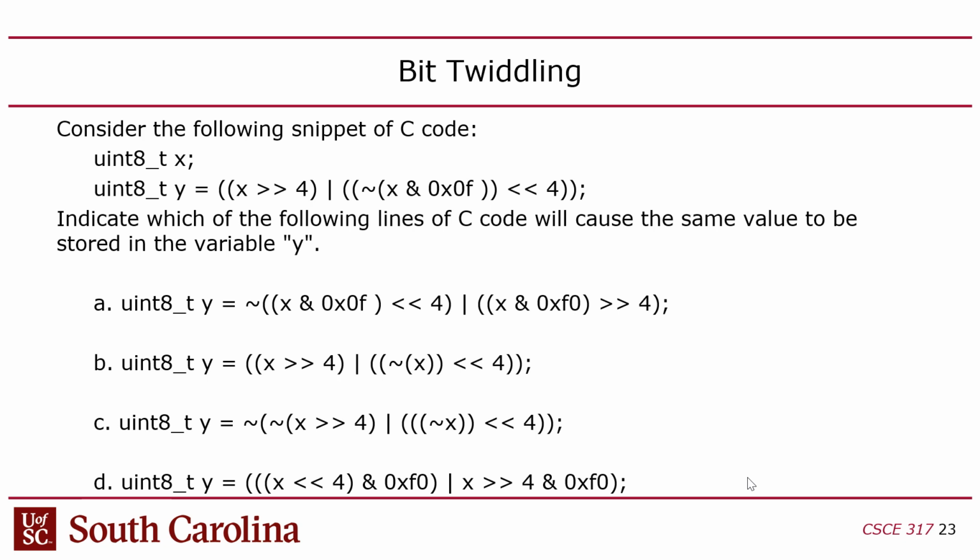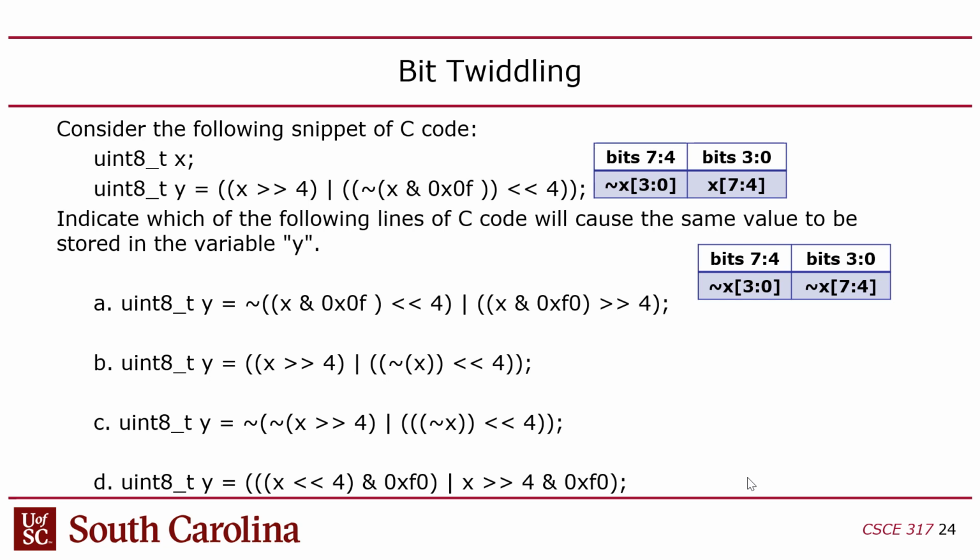So which one of these lines is doing the same thing? Let's see. This one is going to mask off the lower 4 bits and shift it to the upper 4 bits, and then invert the whole thing. The problem with this one, though, is that it's going to take the bits that were left behind, that you shifted in, and invert those bits. I don't think that one does that. No, it doesn't.